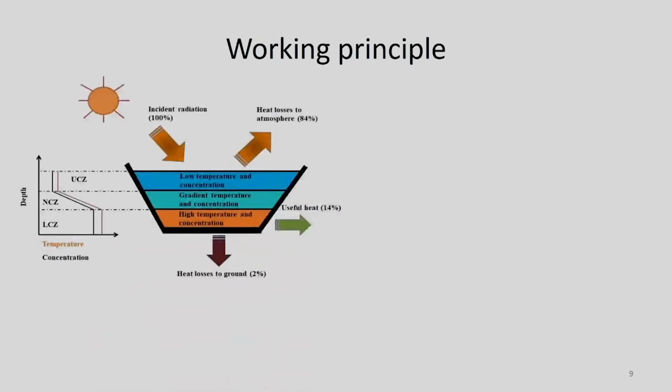Okay. So, this is the pond. So, this is the upper temperature and concentration, and what happens here, sometimes we need to provide fresh water here to maintain the salinity gradient.